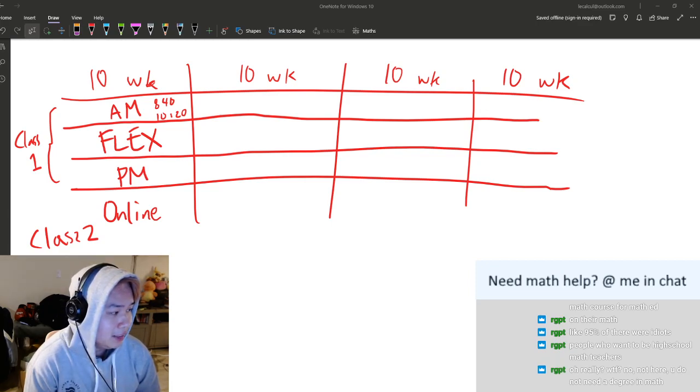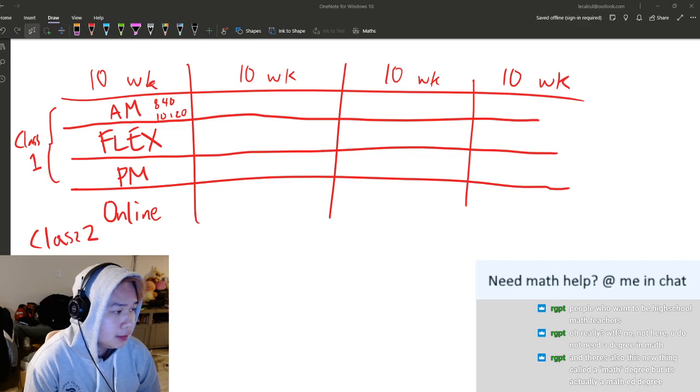You don't need a degree in math? Wow. Alberta, what are you doing? Yeah, for high school, when you get your education degree, you need to have at least a minor in the subject in your teachable.